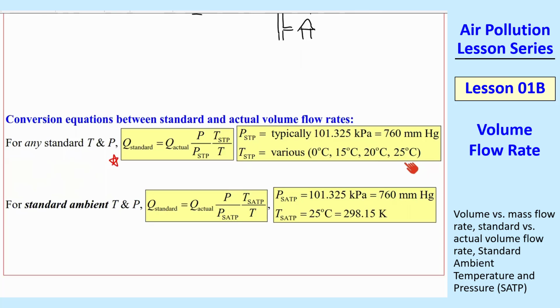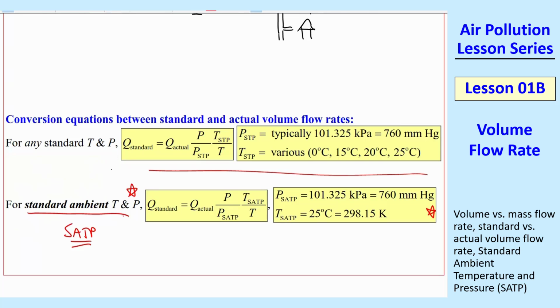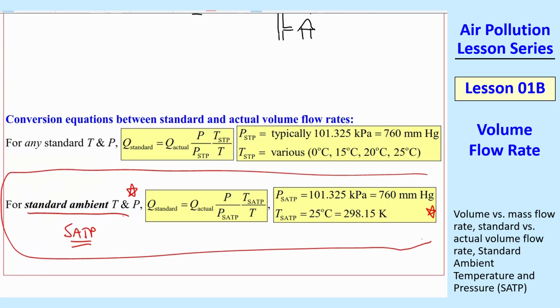For air pollution, we always take SATP. So when I say standard, we're talking about the standard for air pollution is SATP. So standard ambient temperature and pressure, and these are defined as follows. So I'm actually going to erase this one, and this is what we're going to use in our class. You're going to use standard atmospheric temperature and pressure.